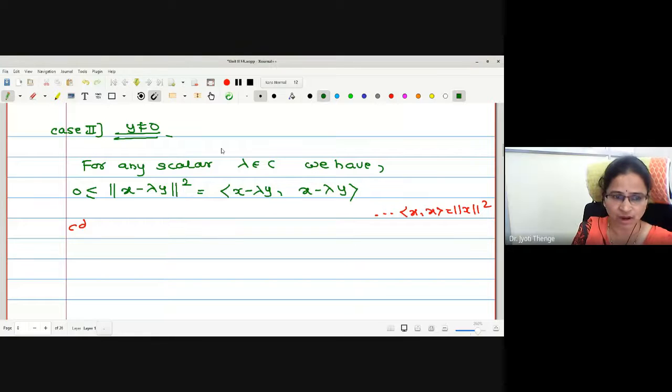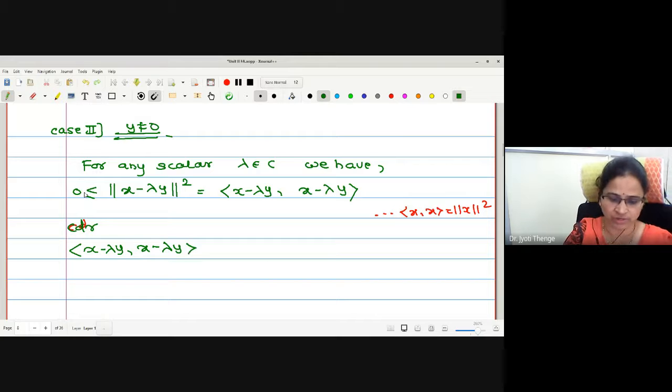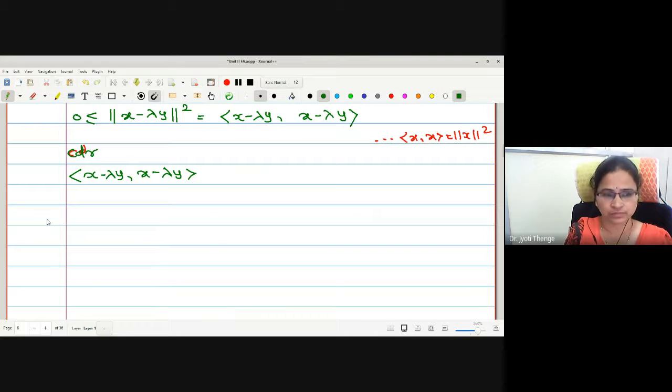Therefore, now I will start by considering this inner product of x minus lambda y with x minus lambda y, and we know already this is non-negative, right? Let us use the previous property just to separate this inner product over this linear combination. First, I will use linearity in first variable. What does the linearity in first variable tell us?